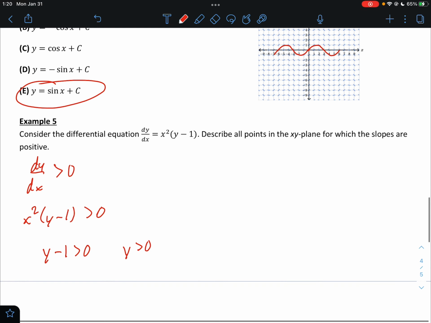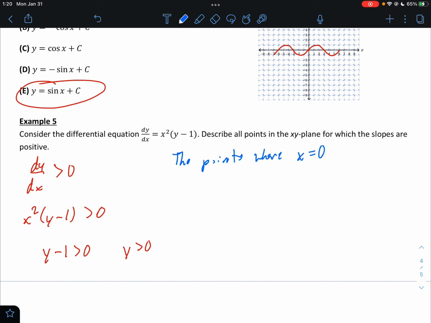So to describe all the points, we're going to write out a little sentence here. The points where, well, of course, x can't be 0, because if it was 0, then that slope would be 0. So the points where x is not 0 and y is, sorry, it's supposed to be greater than 1 there.